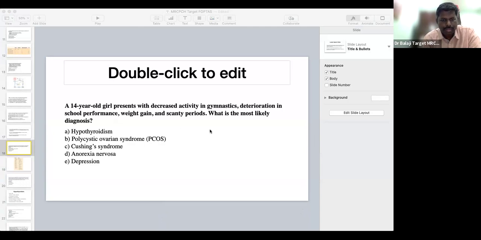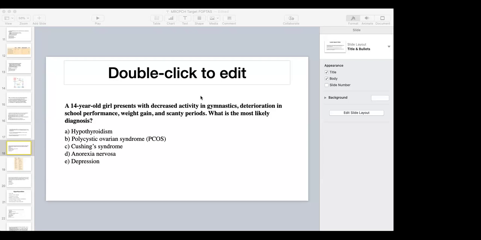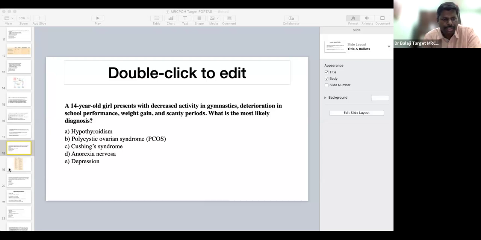It's an easy one. Most important is that they talk about deteriorating school performance, which is related to intelligence, then weight gain, and then scanty periods. So you should think in terms of hypothyroidism. Yes, hypothyroidism is very important.